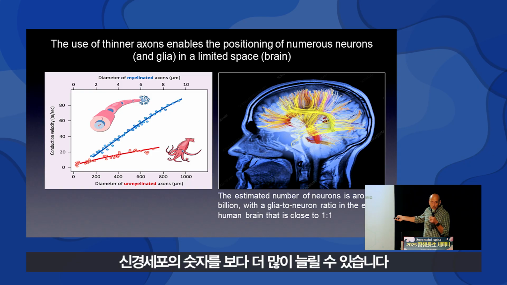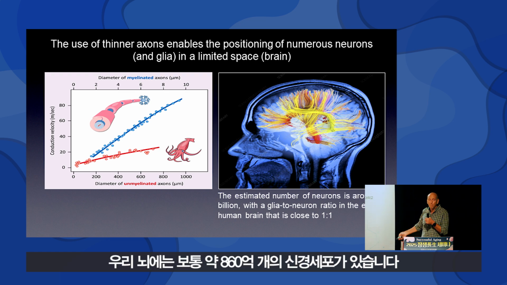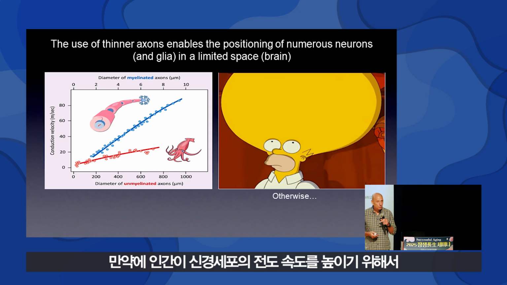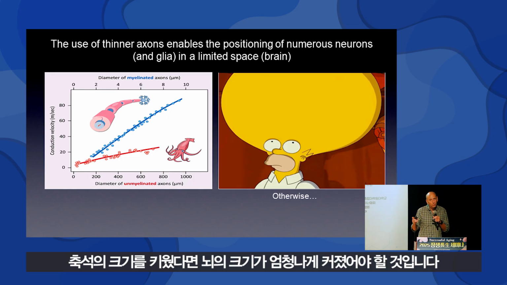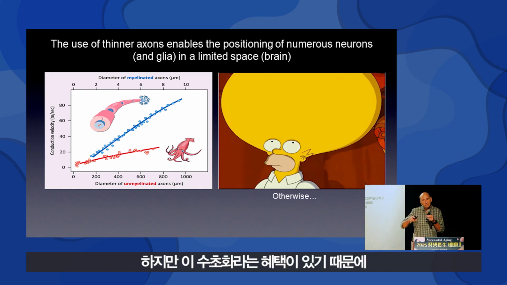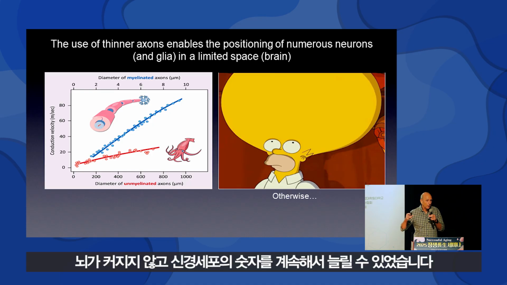And when I say a lot, the human brain contains about 86 billion neurons, plus another 86 billion of different cell types. Because otherwise, this is what we'll have. So otherwise, we'll have to use a huge head. So this is a very important point in evolution that allows making a brain.